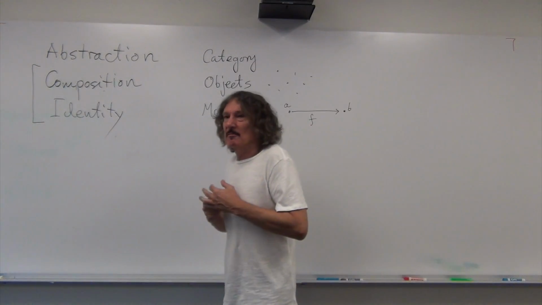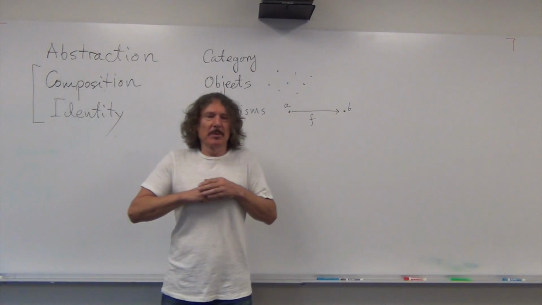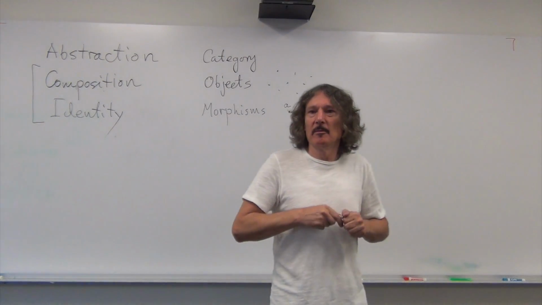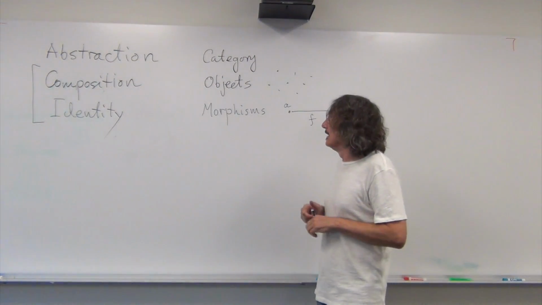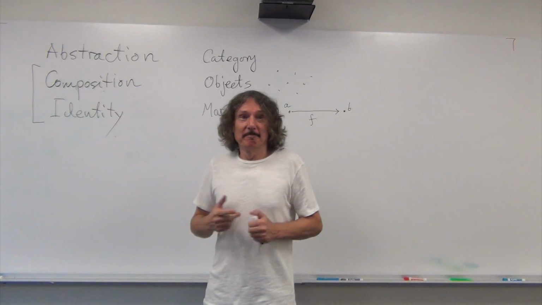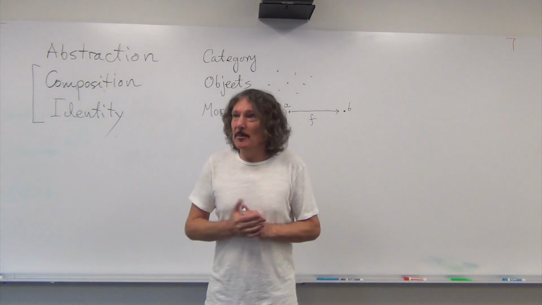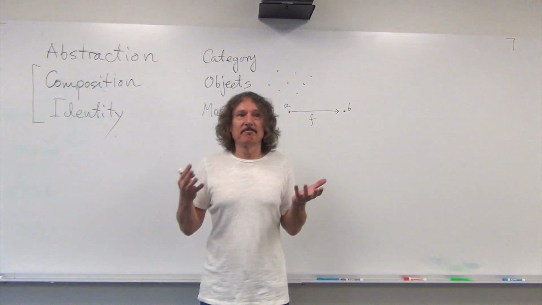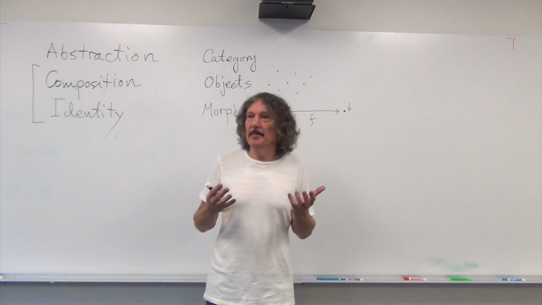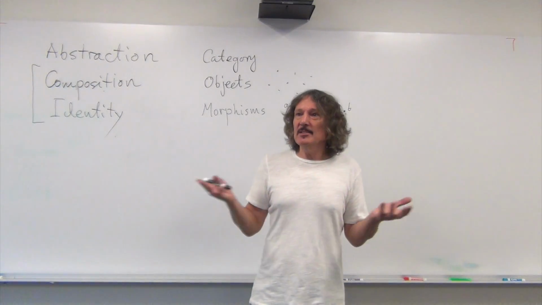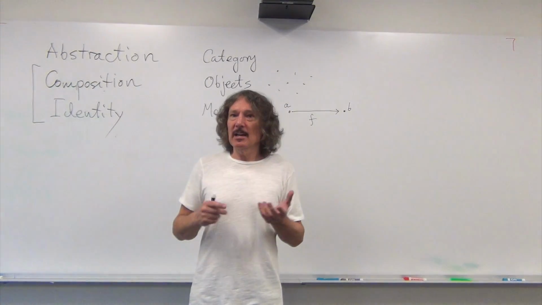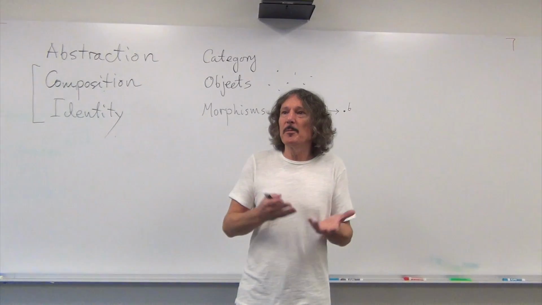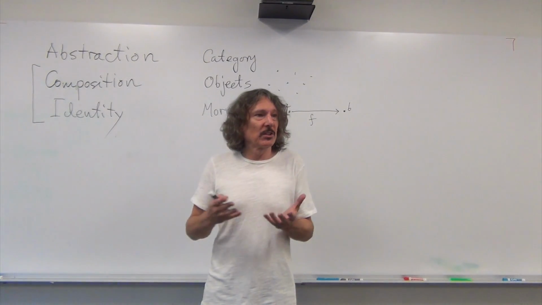And now you might want to ask, but what's an object? Right? I can't tell you, okay? An object is a primitive in this theory. It has no properties. It has no internal structure.